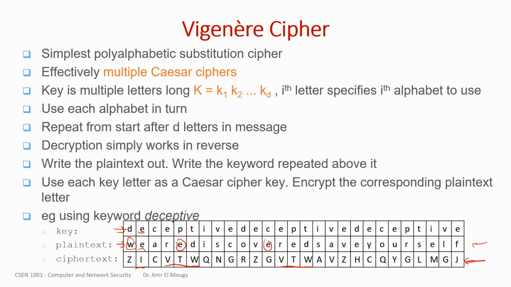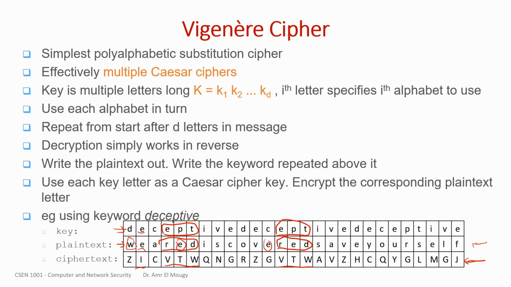Now, this again can be a complete coincidence, but it could be that VTW has occurred a second time because there were 3 letters of the plaintext, RED versus RED, that happened by coincidence to be encrypted with the same 3 letters of the key, EPT and EPT. So RED encrypted with EPT results in VTW in the ciphertext.